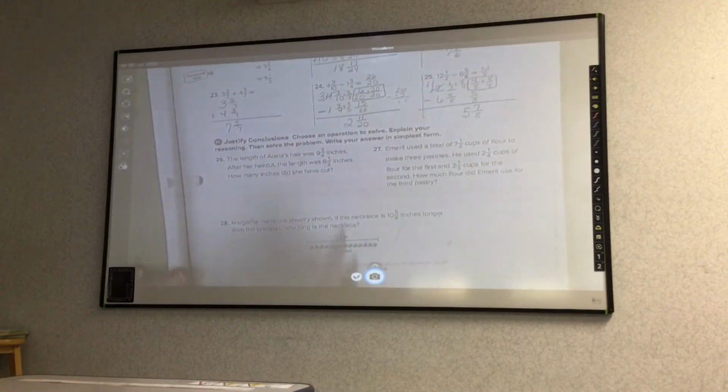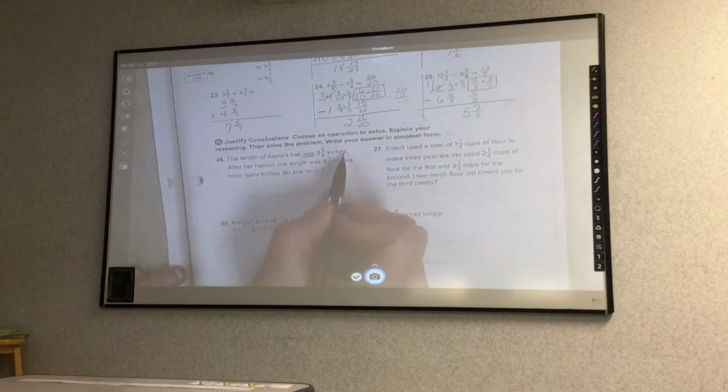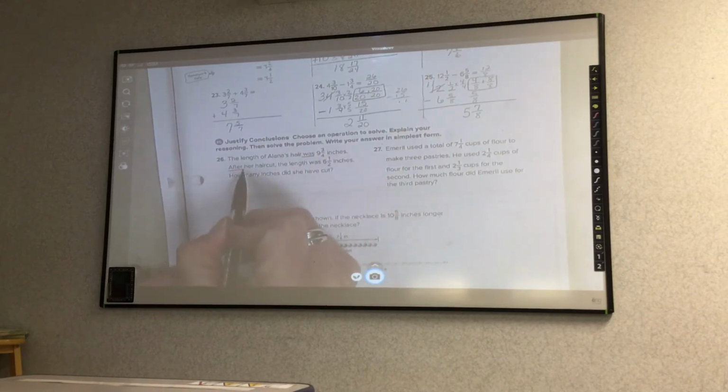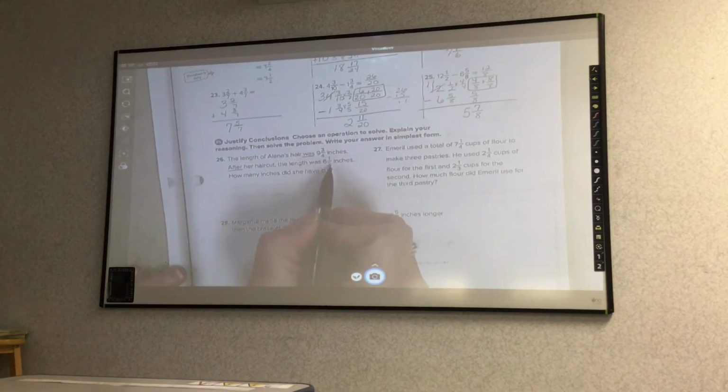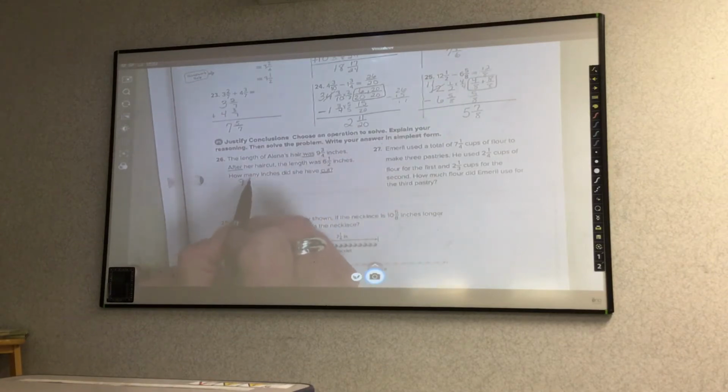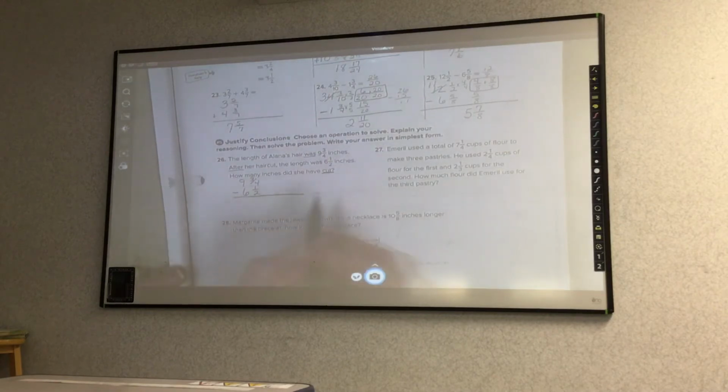26. The length of Elena's hair was 9 and 3/4 inches. After her haircut, the length was 6 and 1/2 inches. How many inches did she have cut? So if I know that her hair started with 9 and 3/4, then it ended up being 6 and 1/2, I'm going to subtract those two.